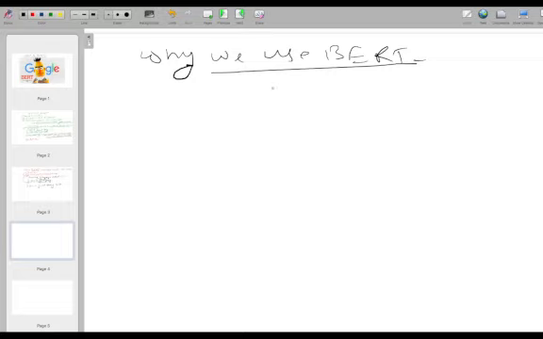Because of that, it's able to understand the context from the language model, and it's able to solve a lot of NLP related tasks. What are the different NLP related tasks? Let me give you some examples of what BERT can help us with.